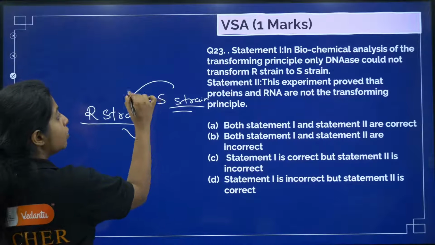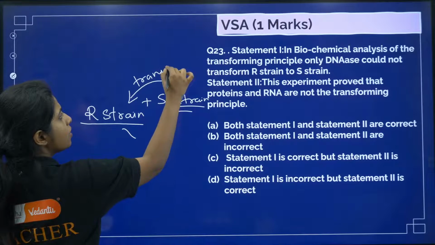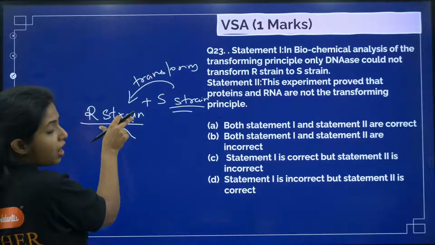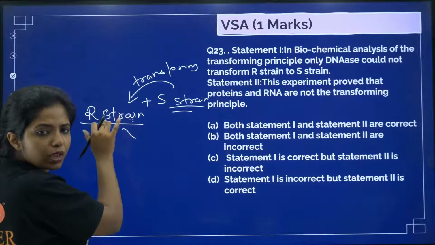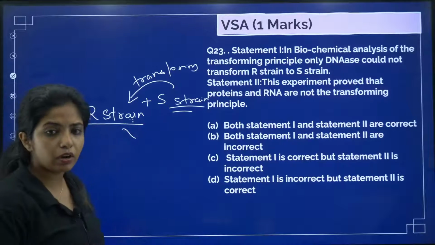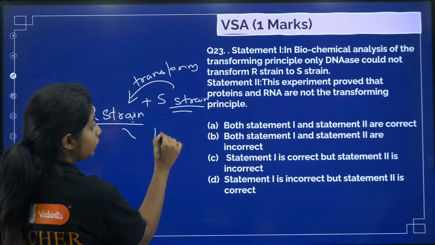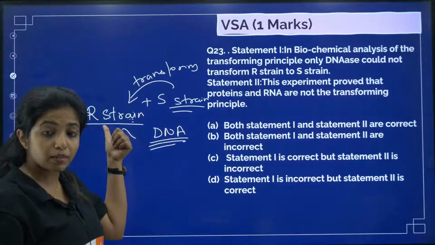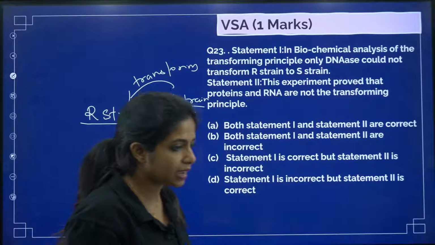And we were trying to find out what is this transforming principle which is helping in the transformation of the R strain, which is usually harmless, converting it into something virulent. So it was later found that it is DNA which was actually transforming this R strain into a toxic form, that is the S strain.